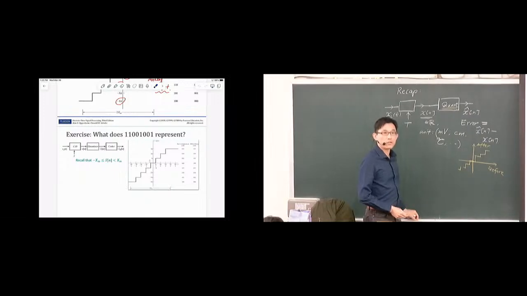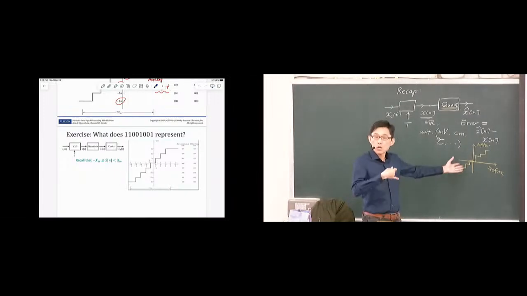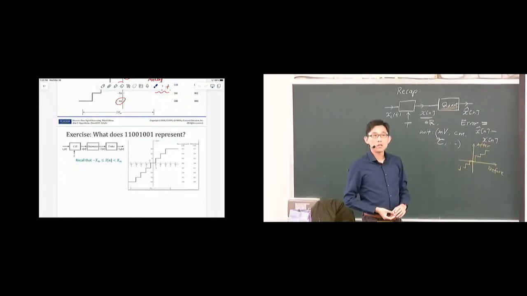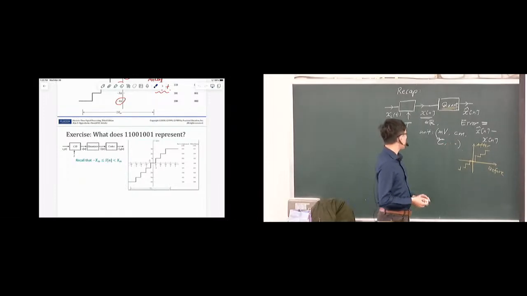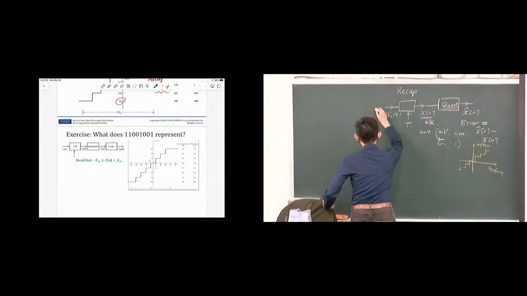For example, is the error independent of our original signal? Is the error itself like white noise? Is it uniformly distributed? Such are a few issues that we can study together about the properties of the approximation error. That's the first topic.